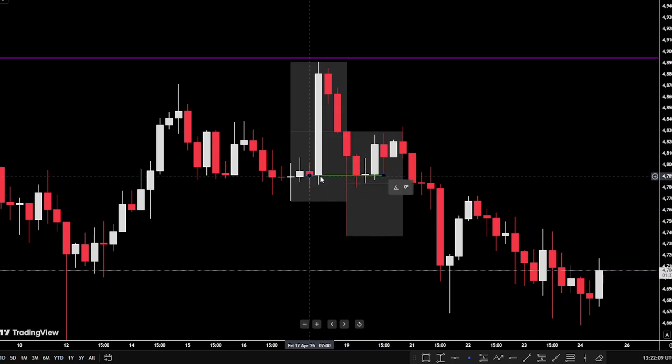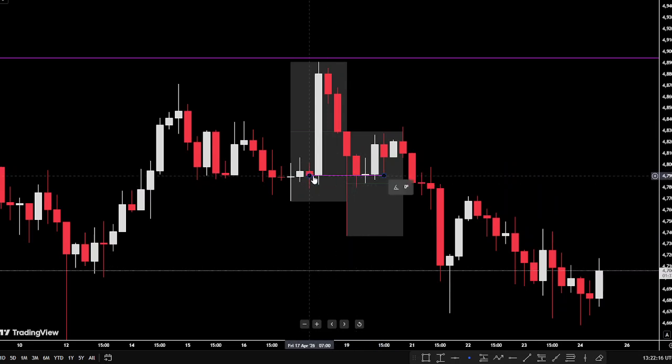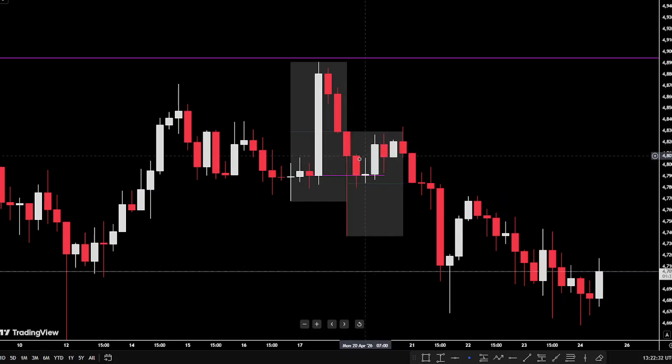And instead, it was acting as a support, right? Because this candle got here and closed above this key level. This same candle did the same thing. It got here, it closed above, and then it actually drove the price up on this candle, right? So you can say, okay, buyers have come in here, right? Buyers have come in here.